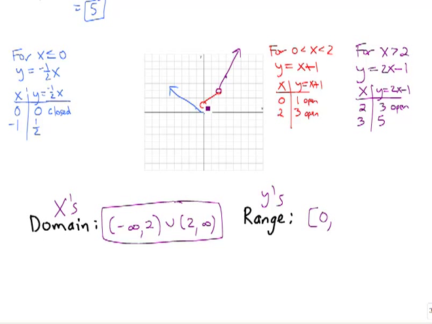So between 0 and 1, I am plotting some points because of my blue graph. So my range starts at 0 and hits every y value going on up. So my range is 0 to infinity.